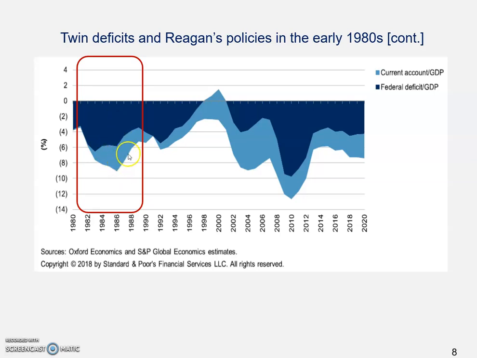And then in the late 1980s, when the government budget deficit declined, so did the current account deficit, in other words, the trade deficit. So this is a piece of evidence supporting the twin deficit hypothesis.